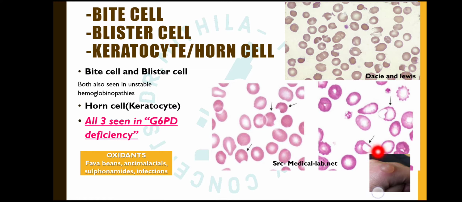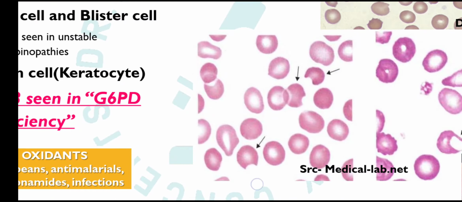The blister cell gets its name from the blister, which we generally get on the skin if we get burns. The blister wall is also thin, and in this blister cell, this thin cell membrane is enclosing this vacuole like a blister. That's why they are known as blister cells. And thirdly, the horn cells. The horn cells can also be seen in case of this G6PD deficiency.